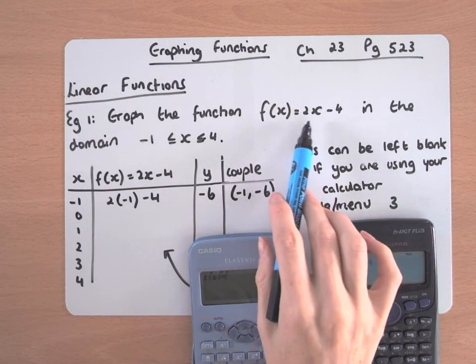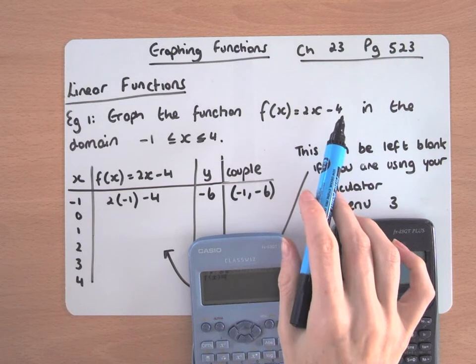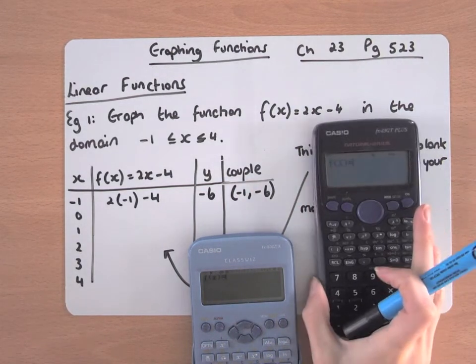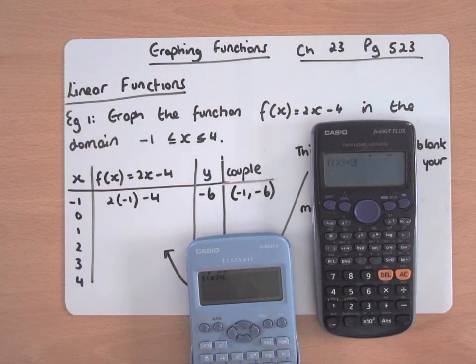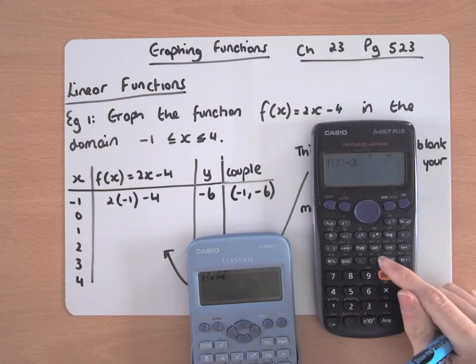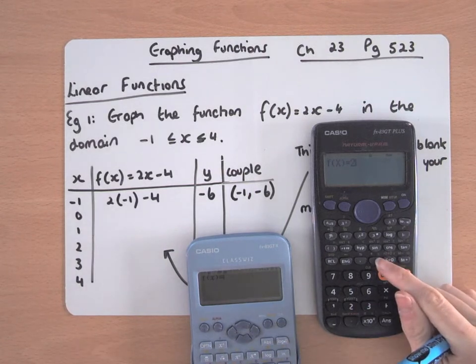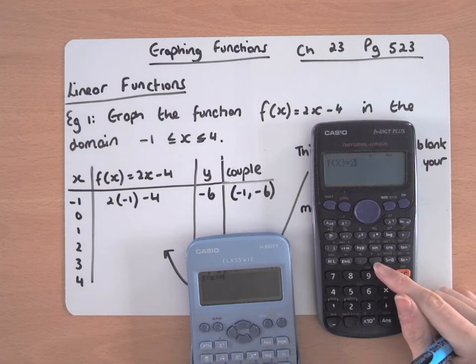My function is here, 2x minus 4. To put that in, 2, now x is here in pink. I know it's hard to see. It's in pink above the right bracket on my type of calculator.